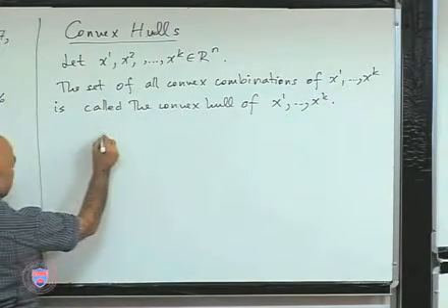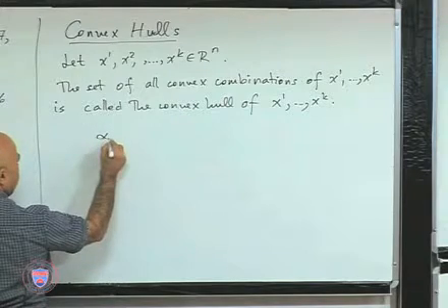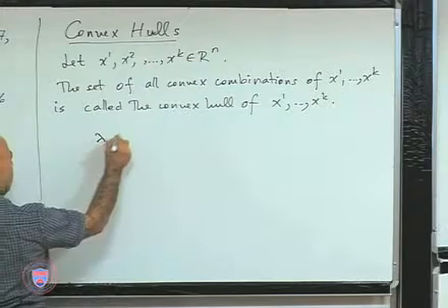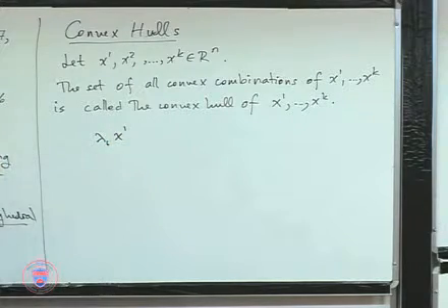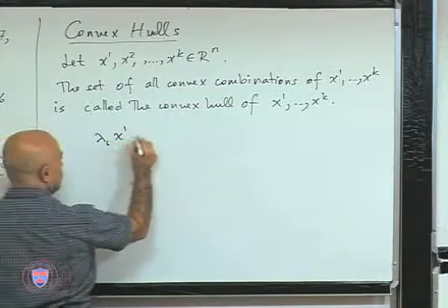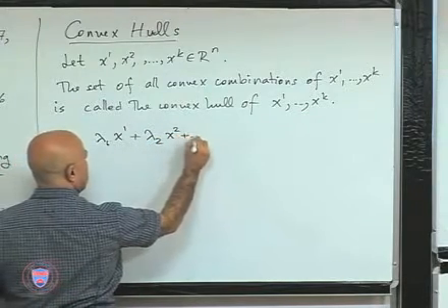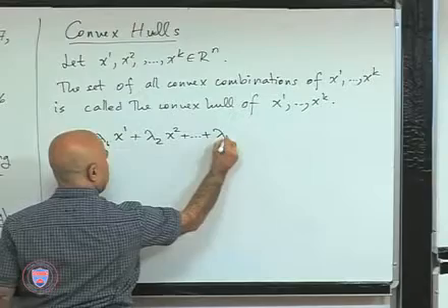So in taking the convex combinations, you take a number lambda 1, multiply it with the first vector. You take a number lambda 2, multiply it with the second vector, so on and so forth.